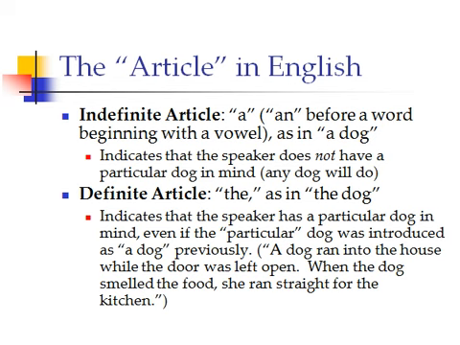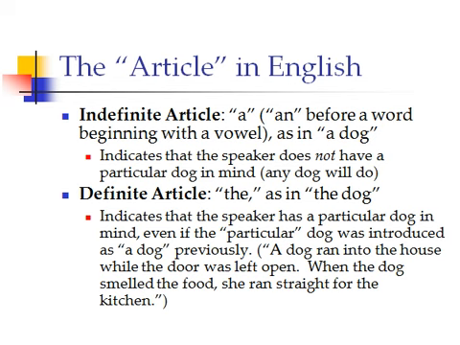In English, we have two different kinds of articles. We have an indefinite article, that is to say a dog, a book, a table, or we use the word an before a word that begins with a vowel, an apple, an orange. And when we use these words, we indicate that we don't have a particular noun in mind.